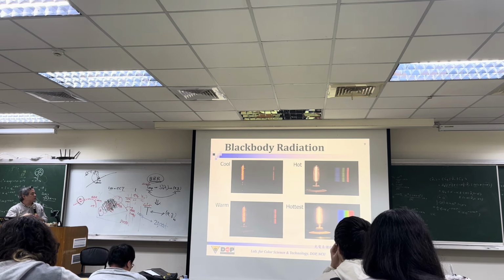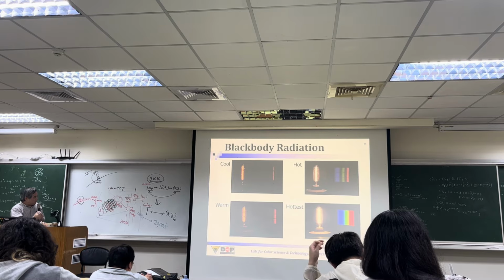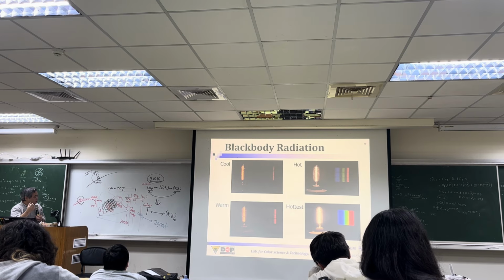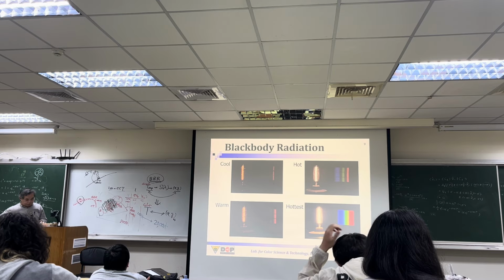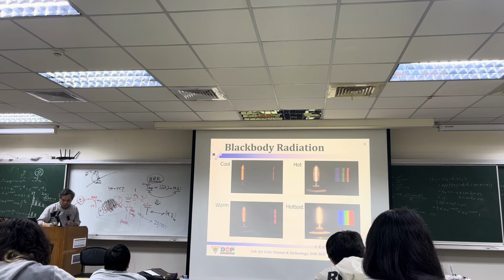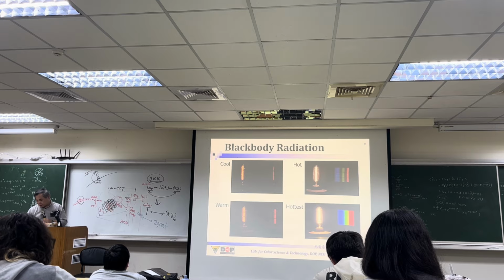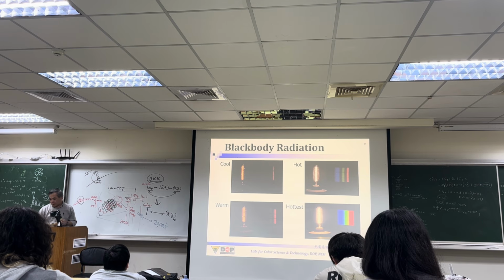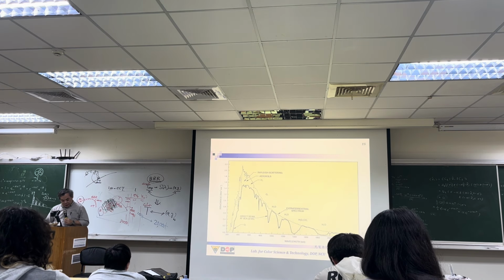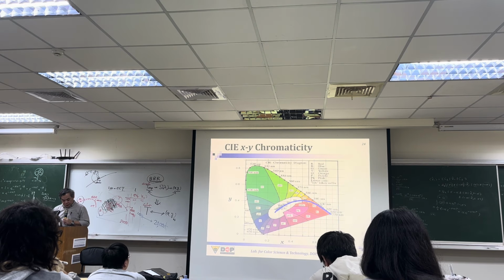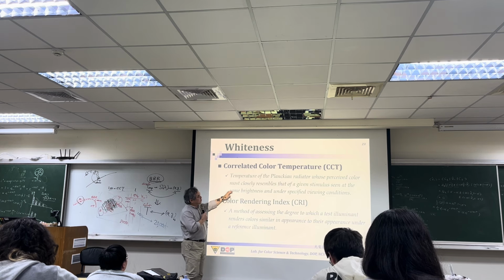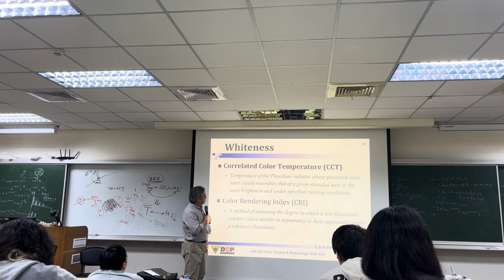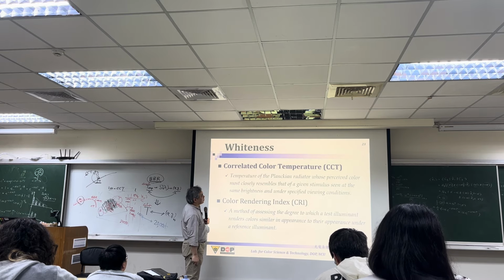It means this kind of color of light is more similar to that color temperature of light, more looks like that color temperature of light. So we have the first index to describe the light property, how white it is.